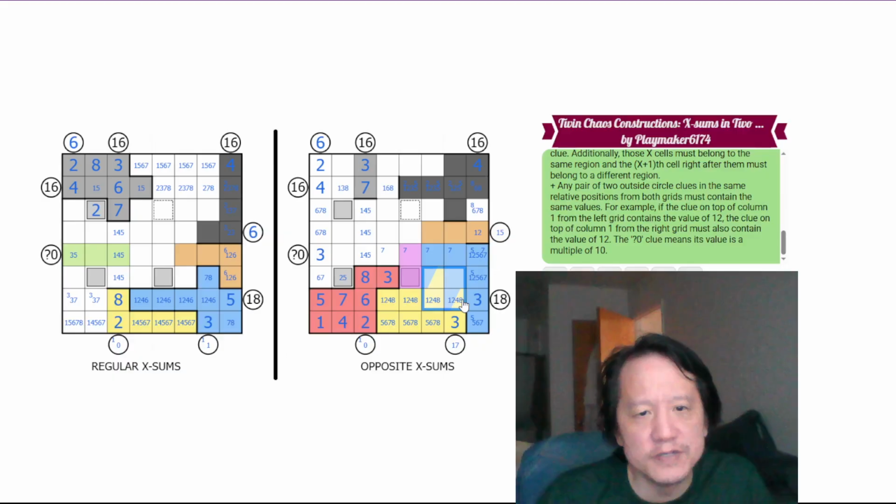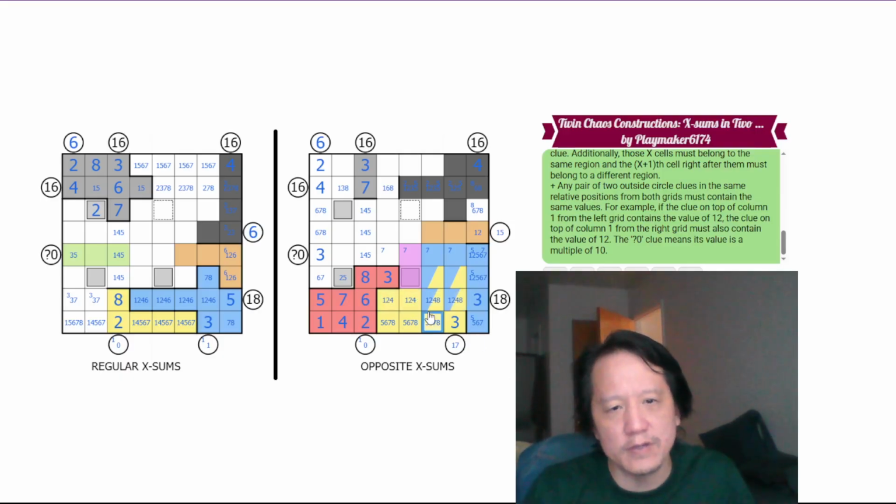Therefore, one of these is an 8. That must be part of blue. Pink can't go any further down here. We have a yellow containing an 8, and then blue must have an 8. Could even be blue, blue that way, and this be yellow, yellow. So one of these is 8, which means this can't be 8.